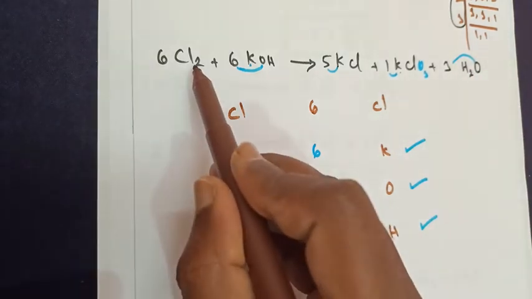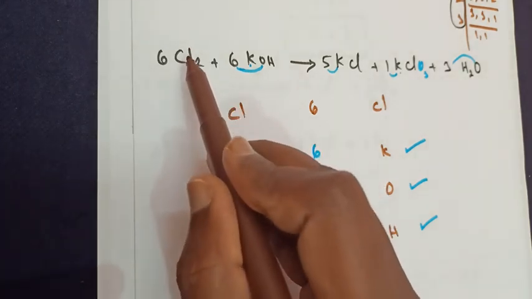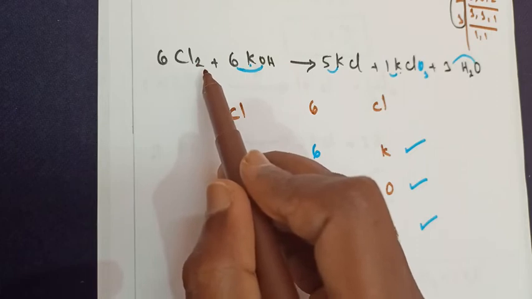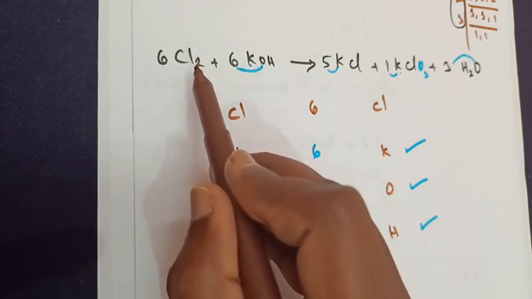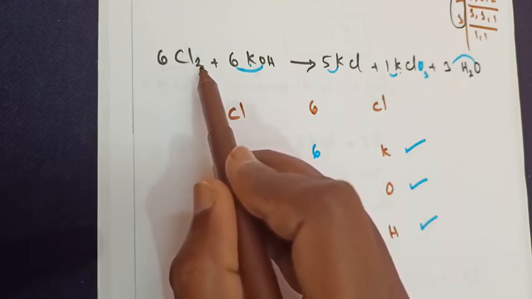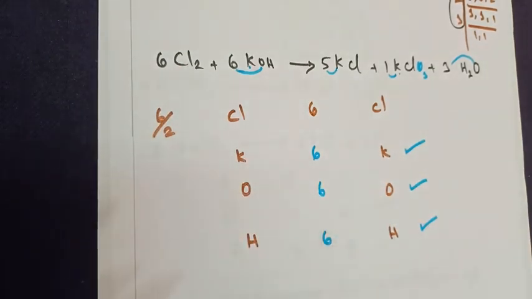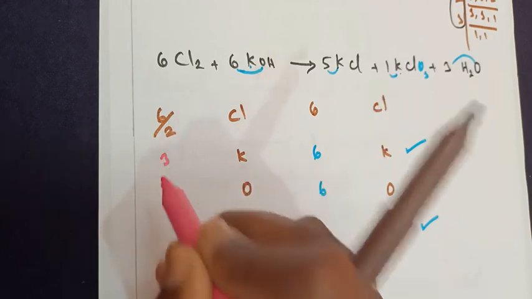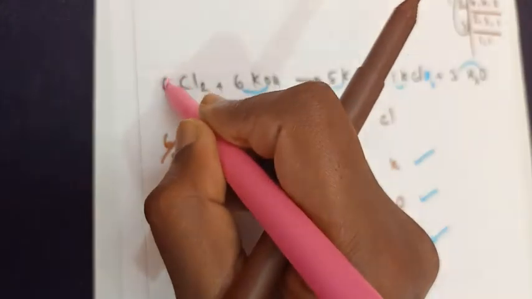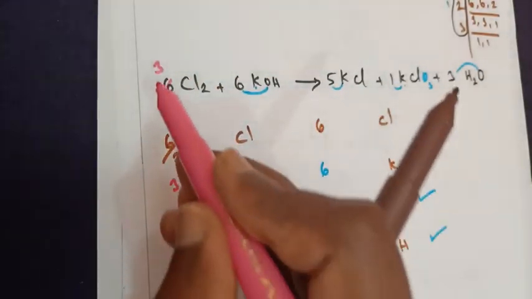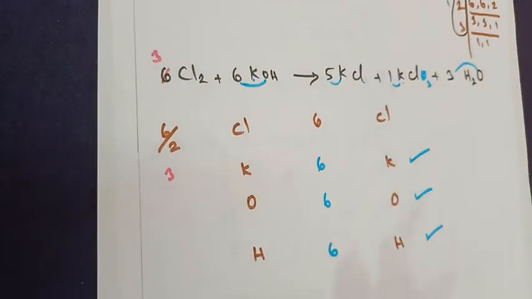But when you look at chlorine, it's an elemental form of chlorine. We represent it as a diatomic element, Cl2. So when it is an elemental form, whatever number you have got, divide by that number. So 6 divided by 2 gives the answer 3 here. In this case, you shouldn't write 6, you should write 3 here. So when you balance, 3 2s are 6, it's balanced.